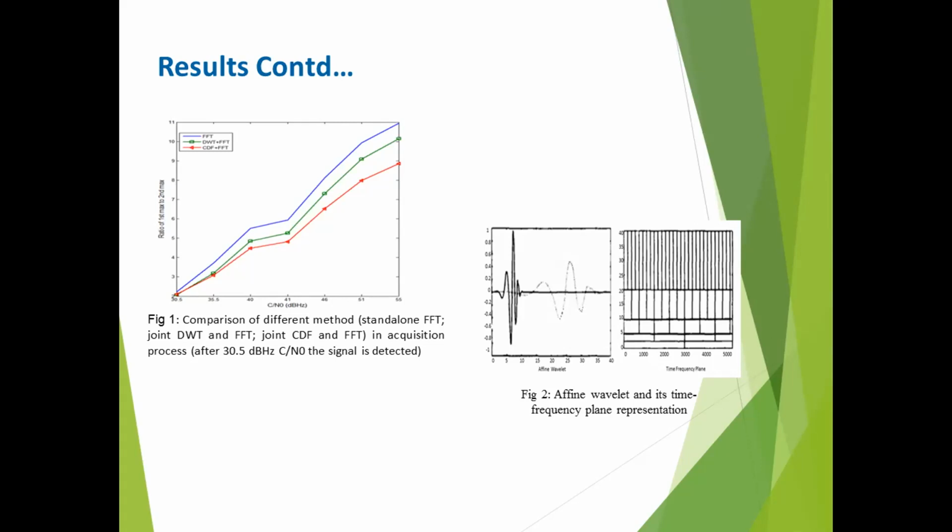Not only that, if we have high noise, the noise can also be eliminated by the wavelet. So if we do wavelet-based work, we can compact the GNSS receiver with a few points in the Doppler-based acquisition system using FFT.